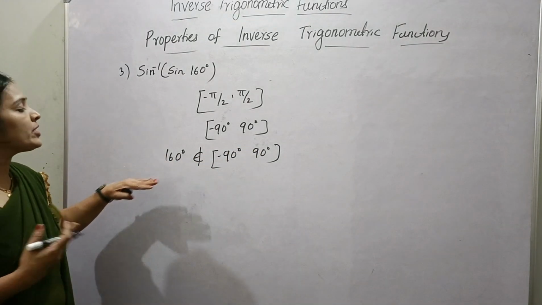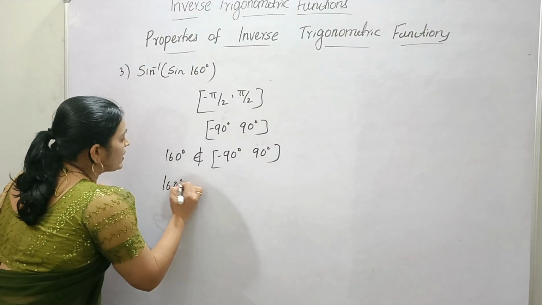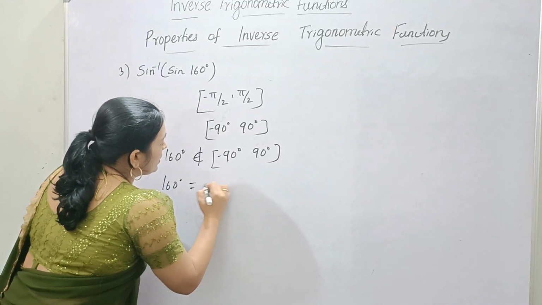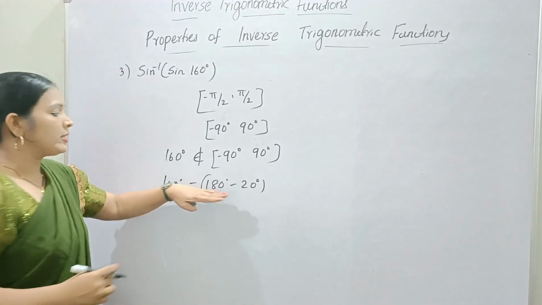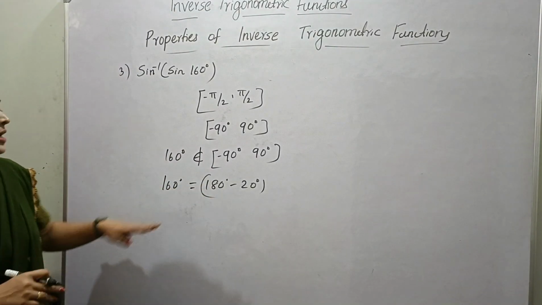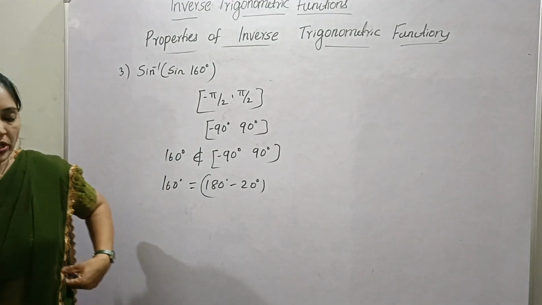Now, how can it be written? 160 degree can be written as 180 degree minus 20 degree. So it should be a standard angle: 160 degree is equal to 180 degree minus 20 degree.